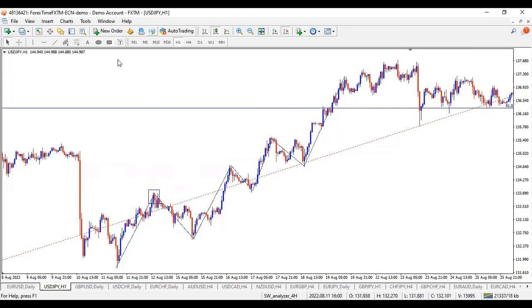A higher high and a higher low. Higher high and a higher low. So when you are trading an uptrend, you're anticipating that price is going higher.